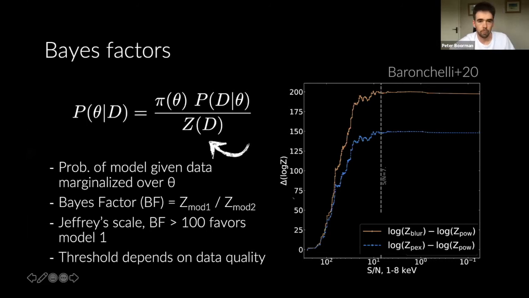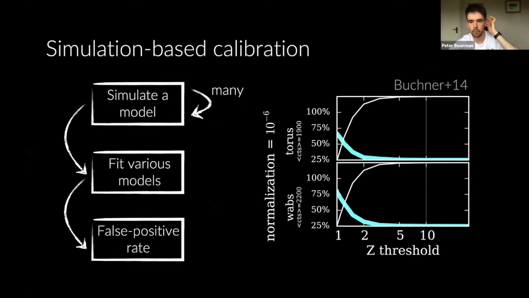Okay, yeah. So this is where this idea of simulation-based calibration comes in for model selection thresholds. Okay, so the idea is that you simulate many models for a particular brightness.